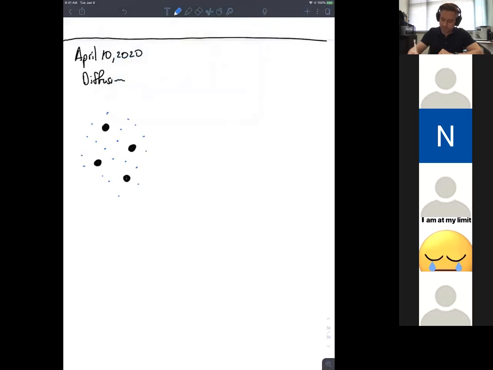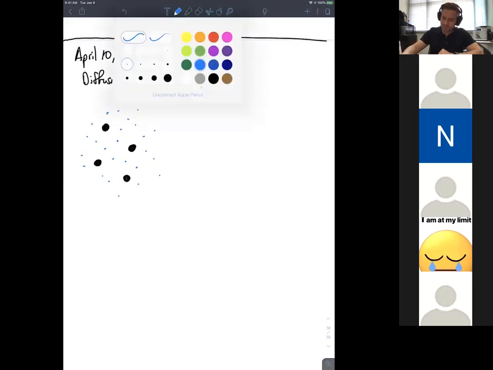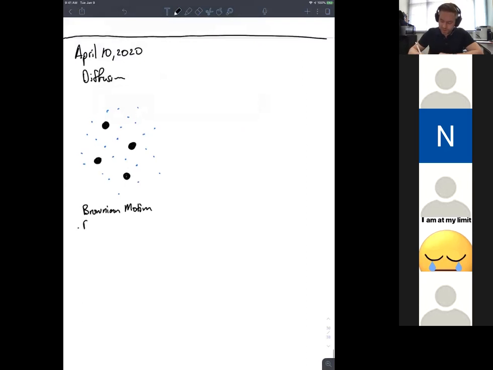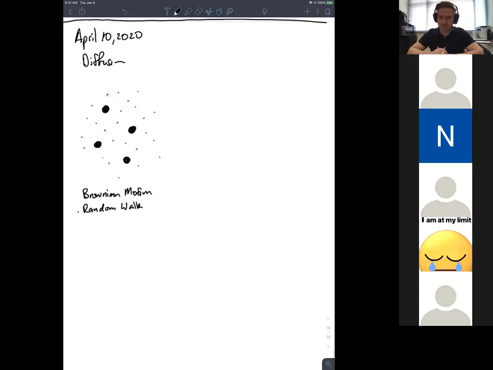These particles undergo Brownian motion as a result of the repeated collisions between the solute and the solvent particles. We modeled this Brownian motion mathematically as a random walk of individual particles, so we're looking at what's happening on the microscopic scale.